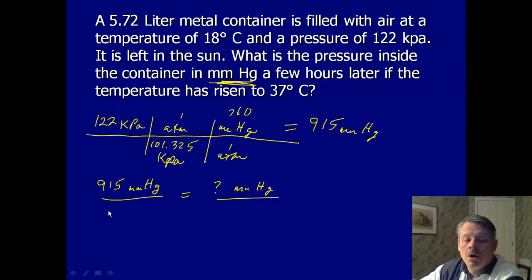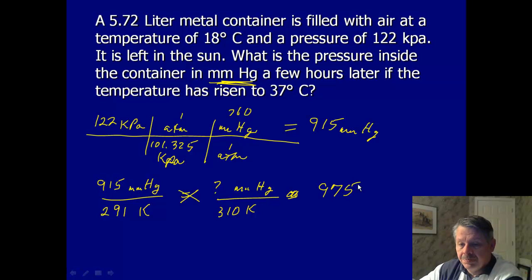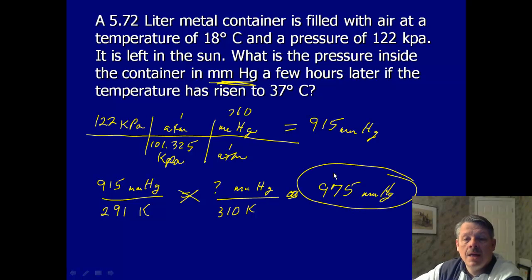And our numbers on the bottom, if you remember, are 291 Kelvin and 310 Kelvin. So now if I do my cross multiplication, I end up with 975 millimeters of mercury, which is exactly the same answer we got in the last one.